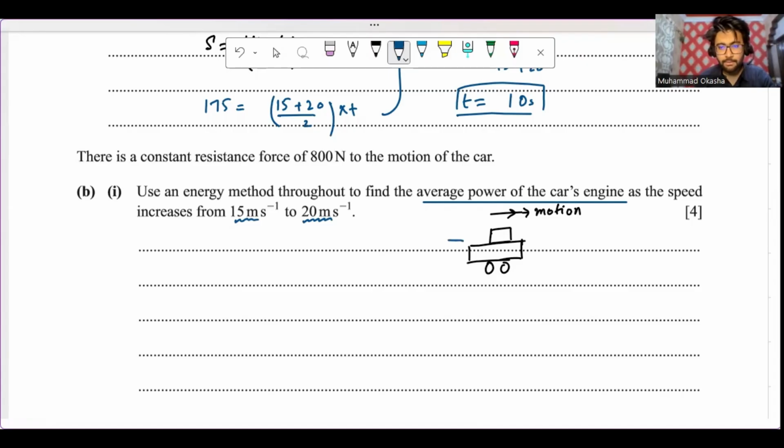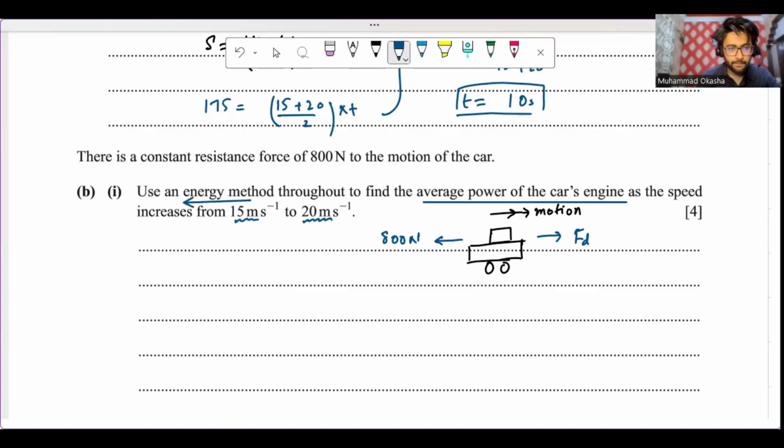So the motion is in this direction. The resistance to motion would be in the opposite direction, which is going to be 800 newtons. And forward, you have the driving force. I'll just call it DF, or FD. It doesn't really make a difference. Makes sense?